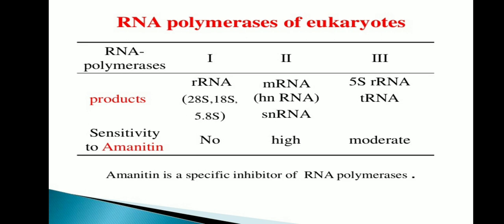The product of RNA polymerase II is the mRNA or snRNAs, and the third is responsible for the formation of tRNAs. There is an inhibitor of this polymerase, amanitin. It is an antibiotic, and it is sensitive for RNA polymerase II only, and for the third it will be moderate.